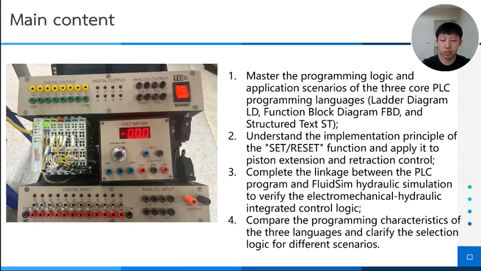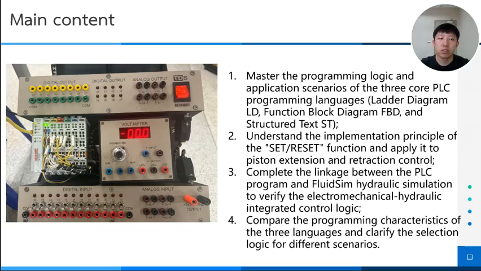This homework has four main goals. First, master the logic and usage of three core PLC programming languages: ladder diagram, function block diagram, and structured text. Second, understand how set and reset functions work and use them to control the piston.